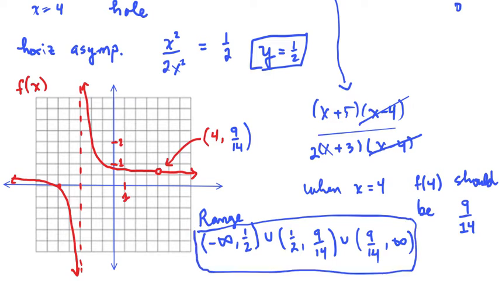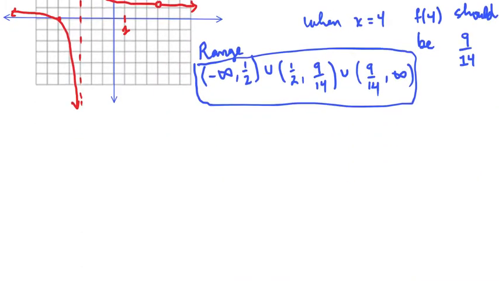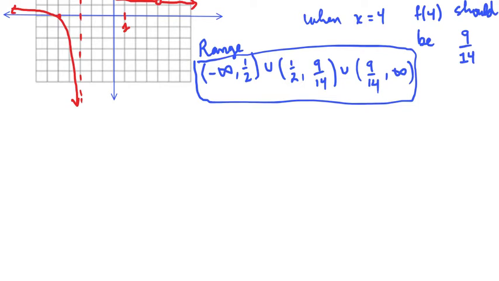With the range, you want to look at the graph, use some algebraic methods that we talked about in the previous videos, and also pay attention to the horizontal asymptotes and to the y values of the holes as well. So let's recap the range here.